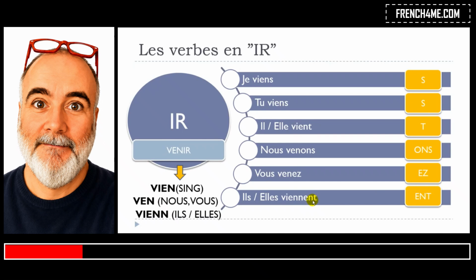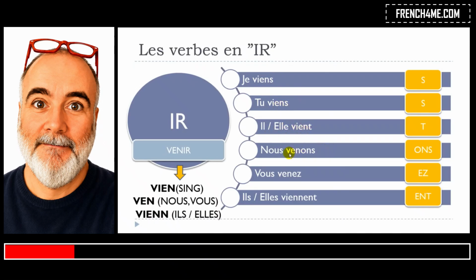And it can be quite tricky, especially phonetically, it's challenging in a way, because you get this nasal sound here, je viens, tu viens, the same, il vient, elle vient.